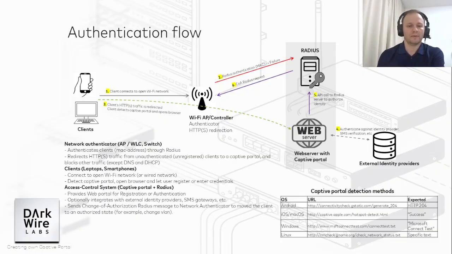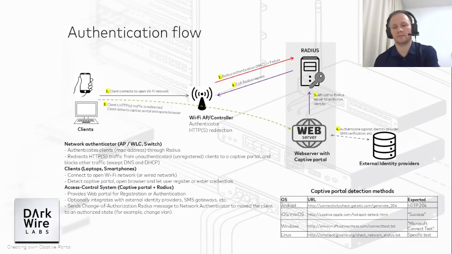So what happens next? The client establishes an HTTP or HTTPS connection to the captive portal, and depending on the role of the captive portal, either the client is asked to enter credentials, for example, to authenticate through Active Directory or some external identity source, or the client could be asked just to register name, email address, phone number, and for example, to get an SMS with a verification code.